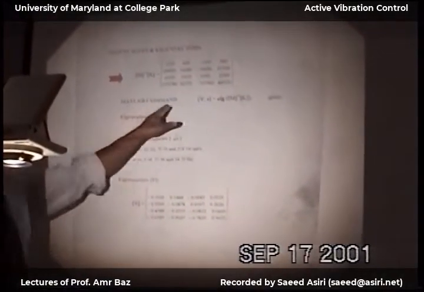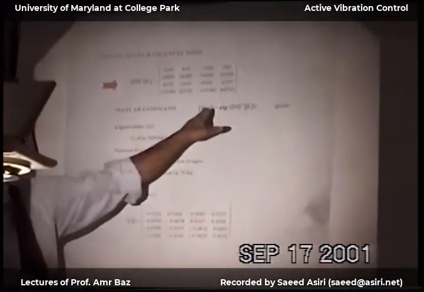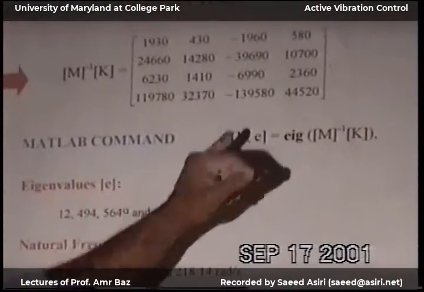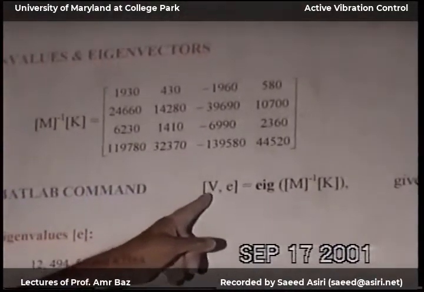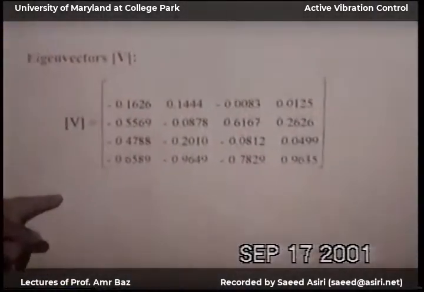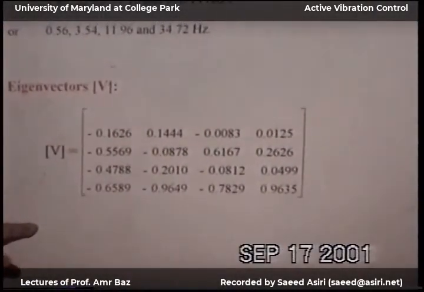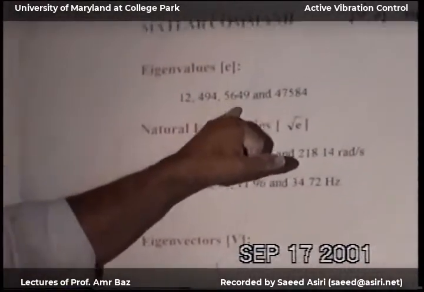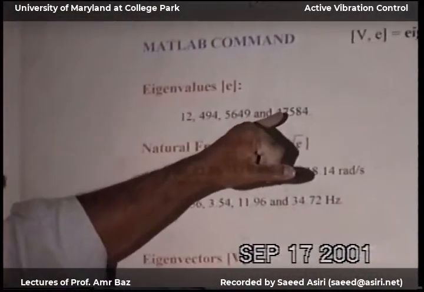So now you take the M inverse K, and now you will get these two matrices. The eigenvector matrix is right here. The eigenvalue matrix will be a diagonal matrix with the eigenvalues organized as omega squared in ascending order.